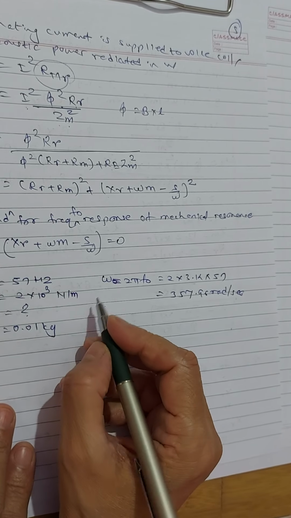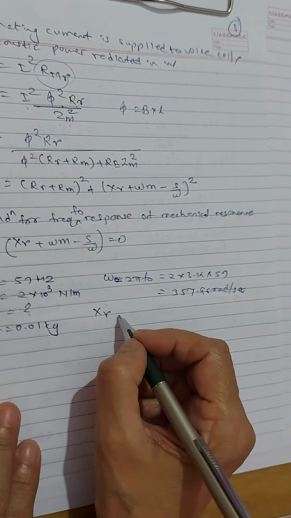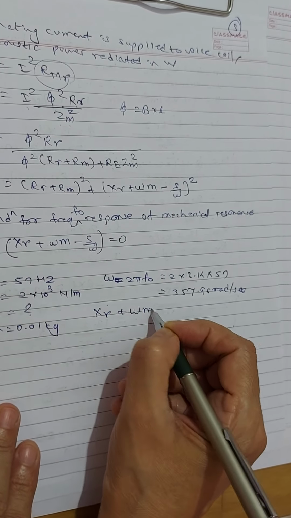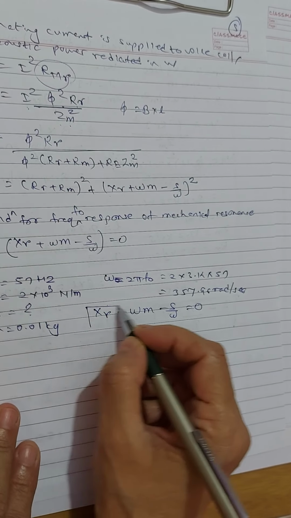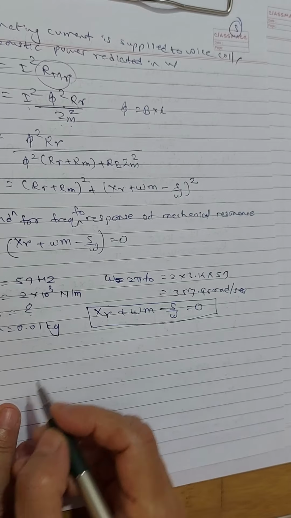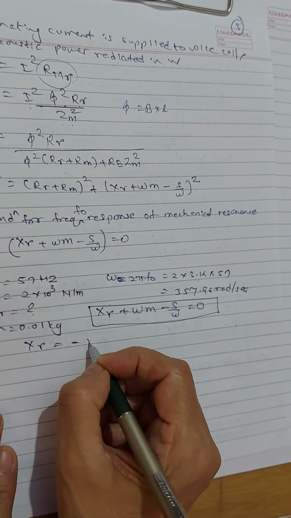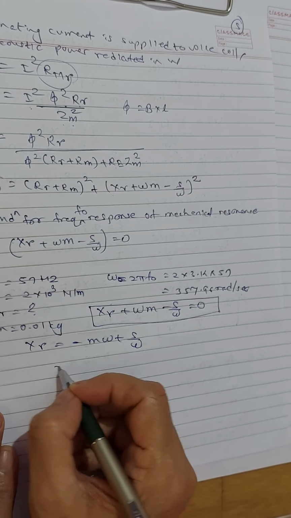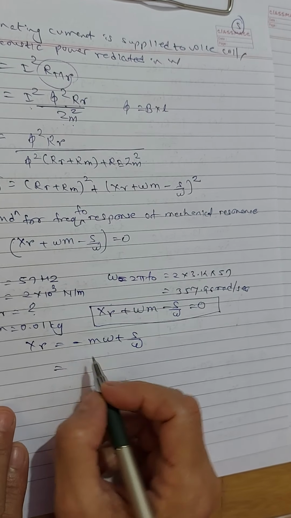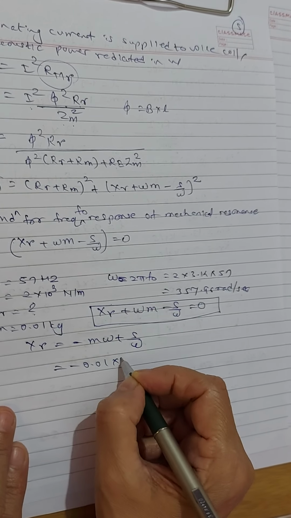Afterwards, what will I have to do? XR. What is the condition? I wrote it over here. XR plus omega m minus S by omega has to be 0. This is my condition. So therefore XR should be minus m omega plus S by omega. How much is m? 0.01. How much is omega?